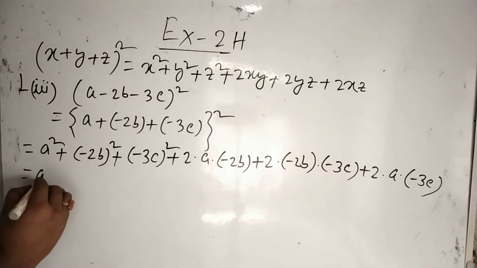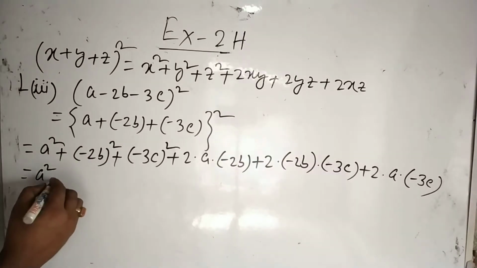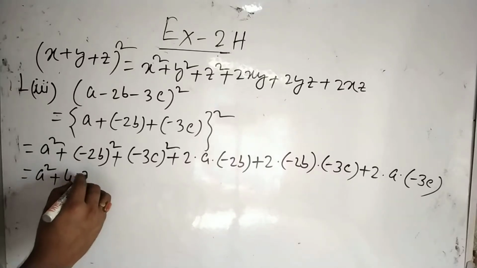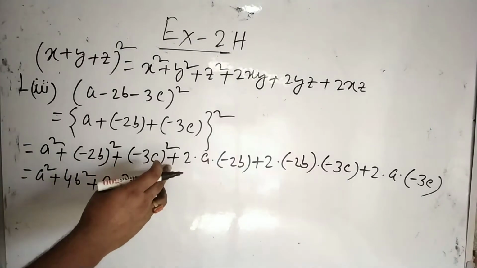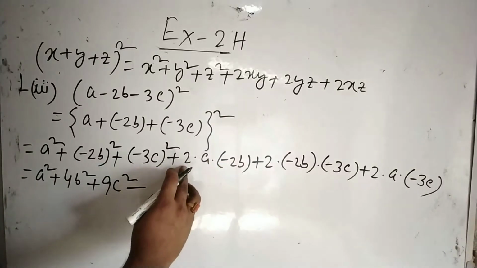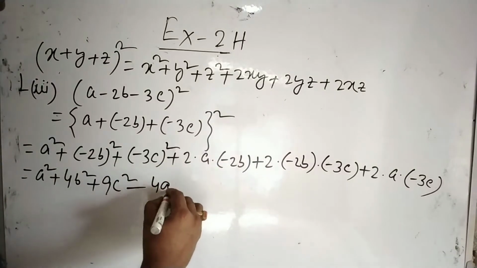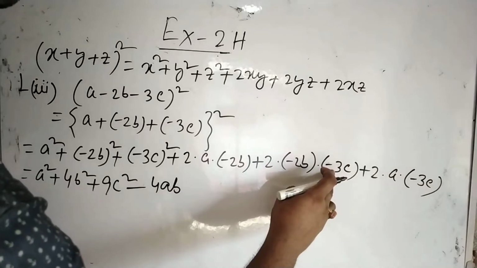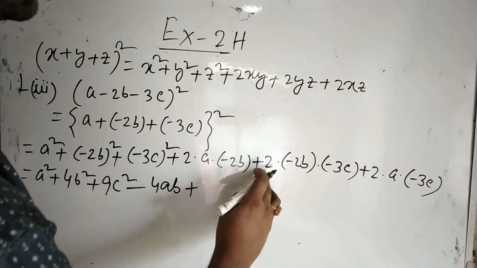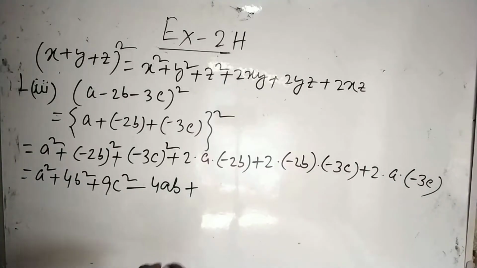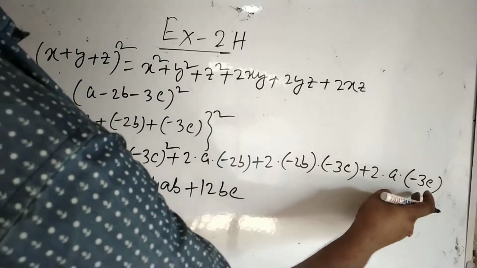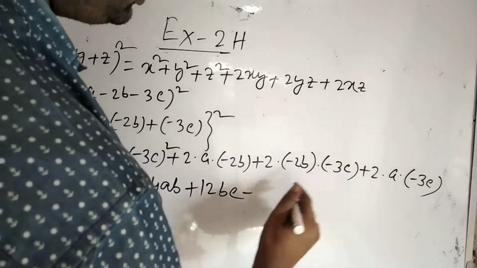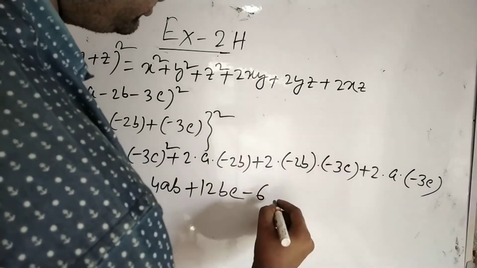It is a square, minus whole square is plus, so it will be 4b square, it will be 9c square. Now here plus into minus, minus 2 into 2 4, 4ab, minus into minus plus, plus 2 2s are 4, 4 into 3 12, so 12bc. Here it is plus into minus, minus 3 into c, 3 into 2 6, 6ac.